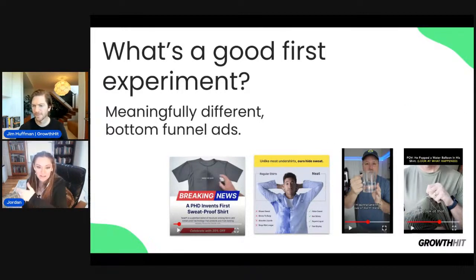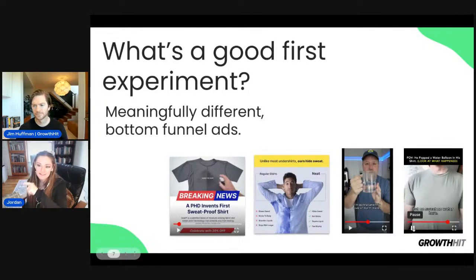The second ad is very feature oriented. We've got the clear before, after with the sweaty side and the not sweaty side. And then we have two different sorts of UGC, the third more true UGC, and then the fourth, well, this is Gem. But anyway, we've got a good variety in how these are articulating the message of sweat-proof shirts.